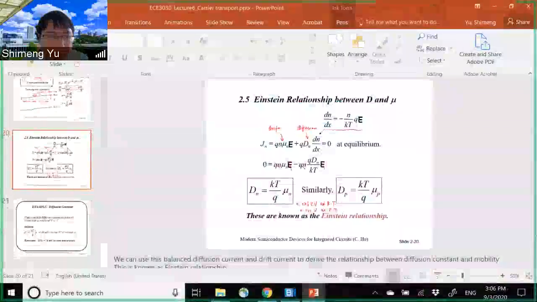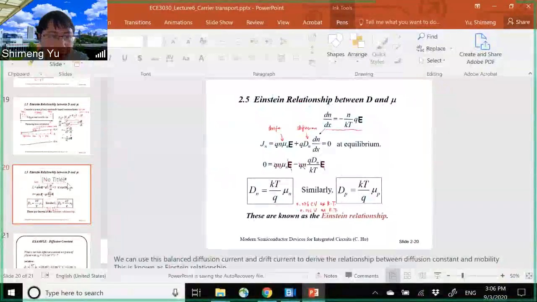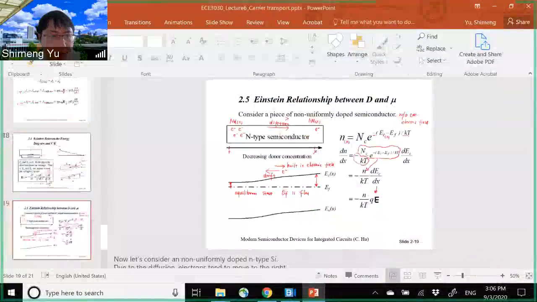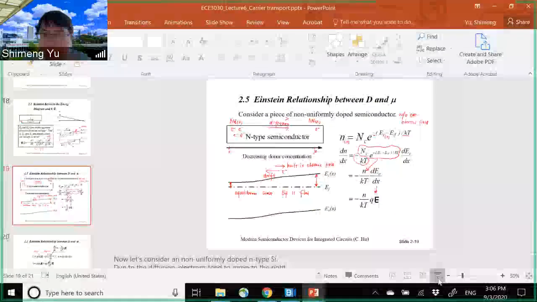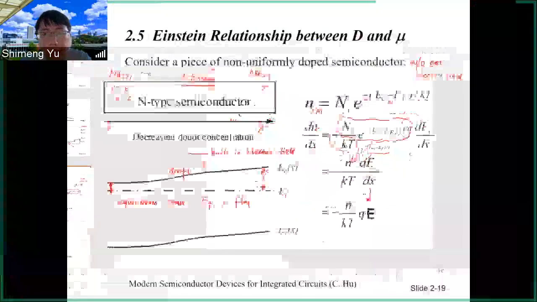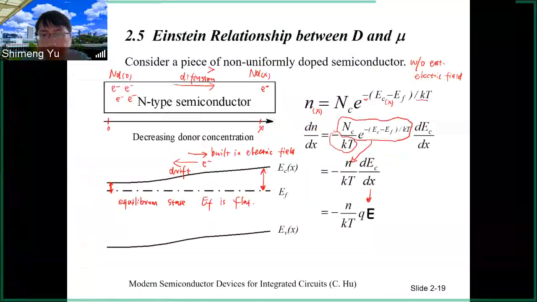All right. So here let's summarize. I know this derivation is a little bit tedious, but you will have a similar problem in your homework too regarding this.